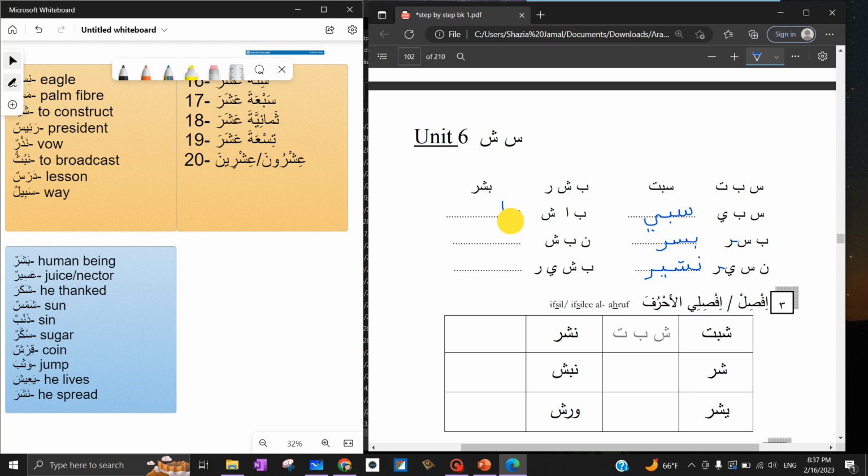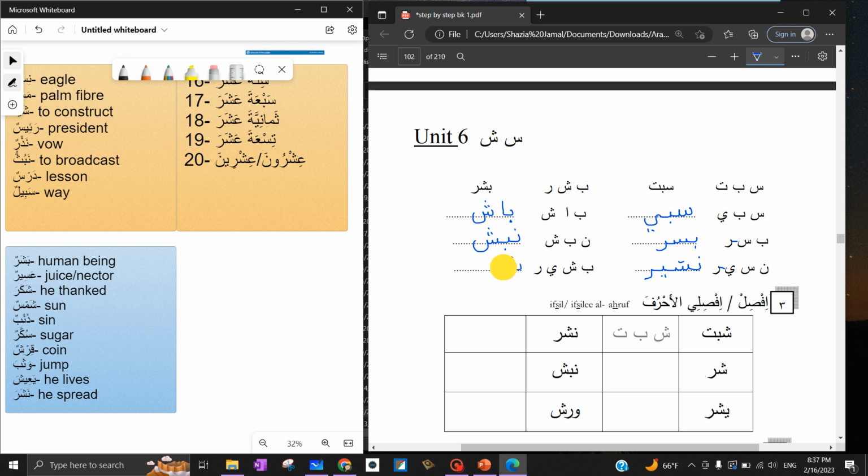Ba and alif. Alif is a non-connector, so sheen will be written separately. Then noon, ba and sheen all are connected. Noon, ba similar and then the wow of sheen and the pot belly. So noon and ba and then put all the dots respectively.